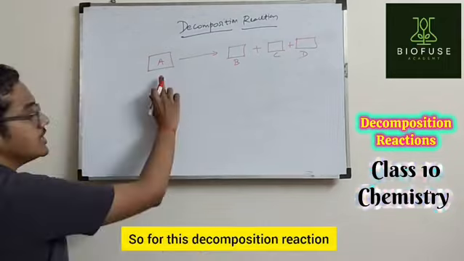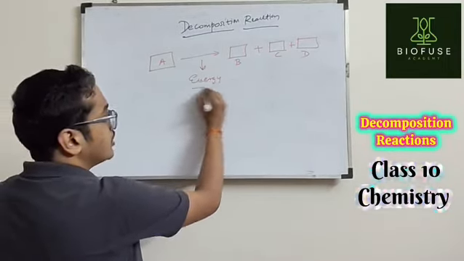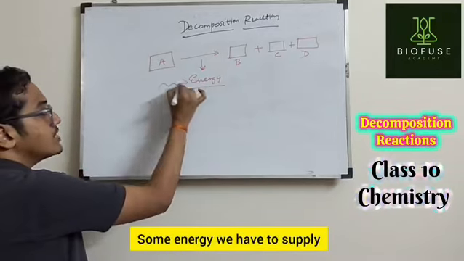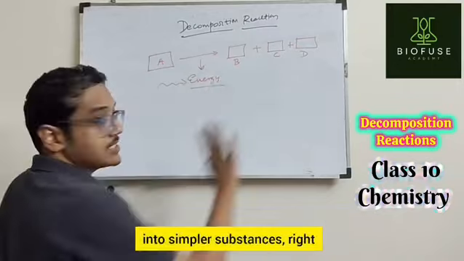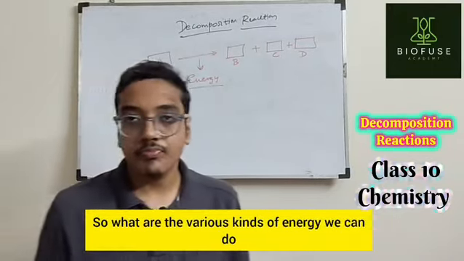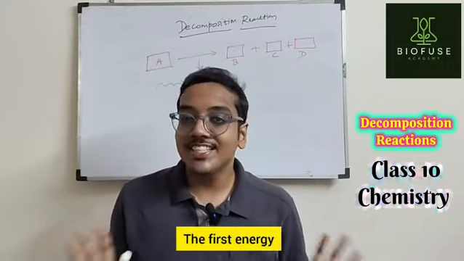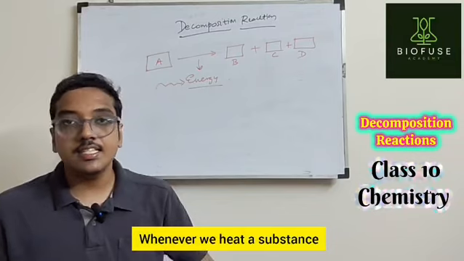For this decomposition reaction, you need some energy. We have to supply some energy, otherwise we cannot break this complex compound into simpler substances. So what are the various kinds of energy? The first energy that comes to mind is heat. Whenever we heat a substance, it gets simplified.